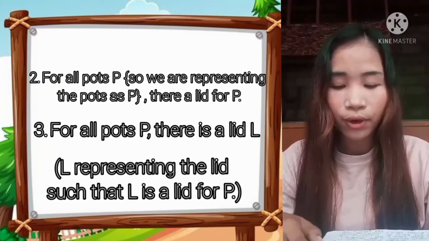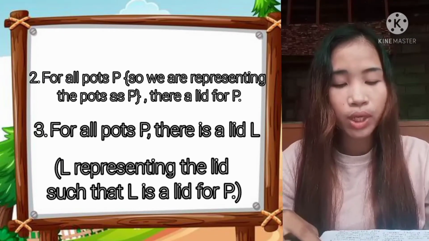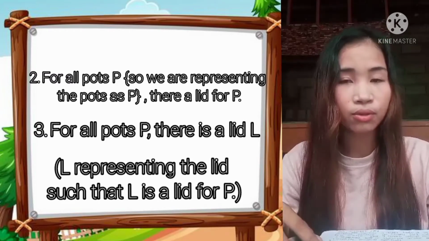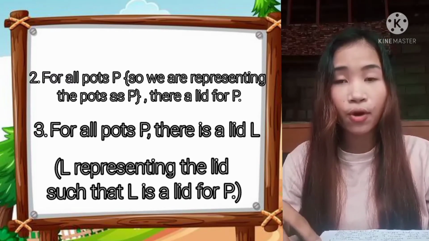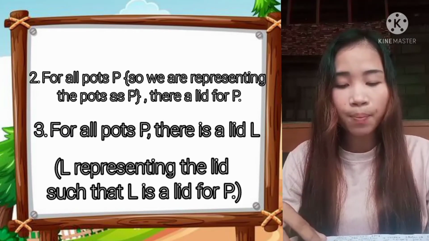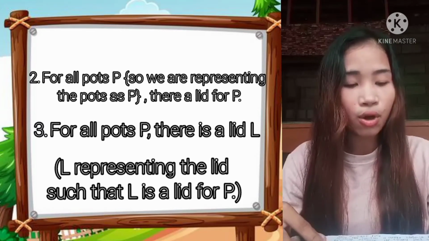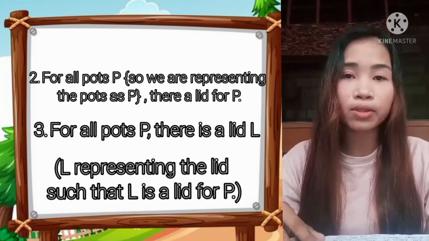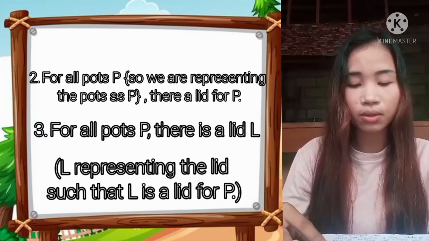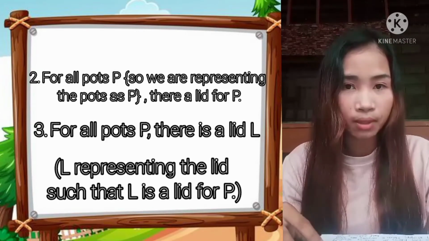Next is, for all pots P, so we are representing pots as P, there is a lid for P. Okay? For all pots P, there is a lid L. So L represents the lid, such that L is a lid for P.